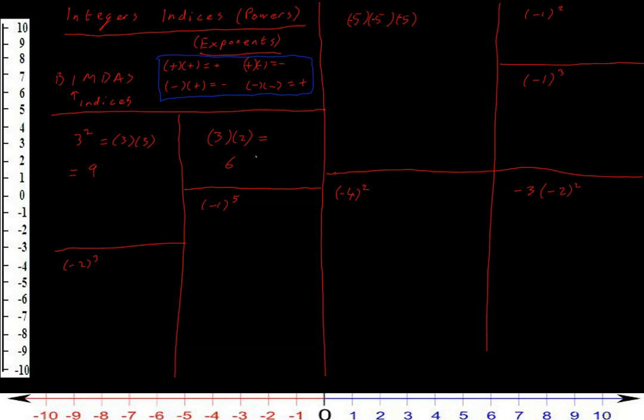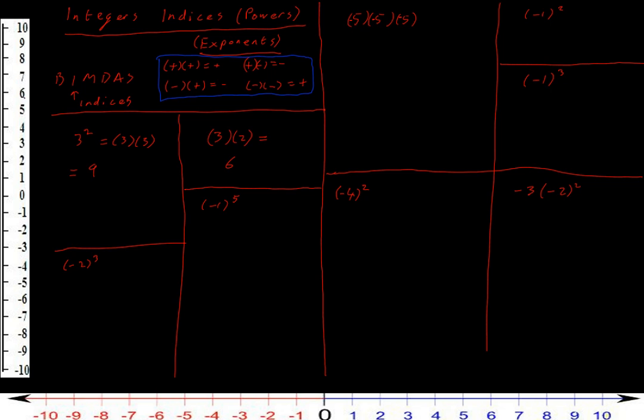That's going to leave me with 6. So 3 to the power of 2, or 3 squared, as we often call it, is 3 multiplied by 3, which is 9. How many times did I multiply 3 by itself? 3 multiplied by 2 is 6. And sometimes when we aren't used to it or we've forgotten for a while, it can be easy to get muddled between them. But we're not going to make that mistake.